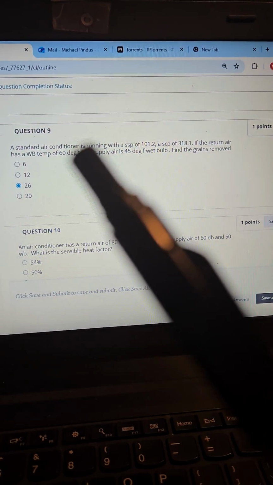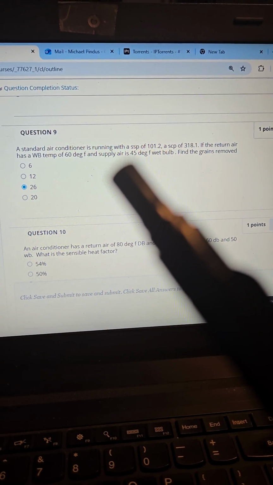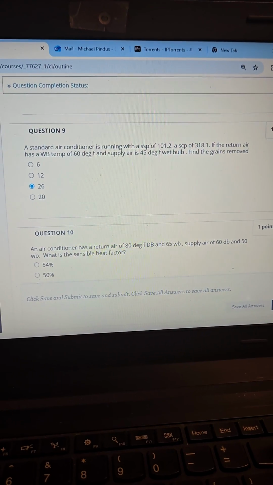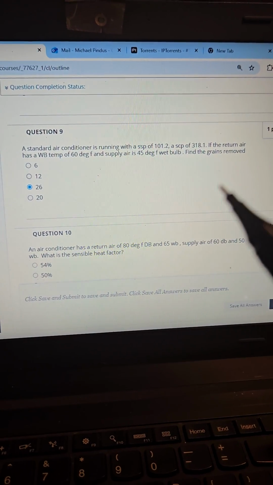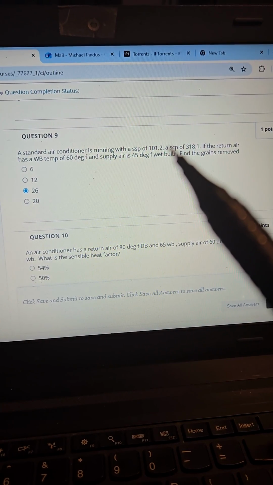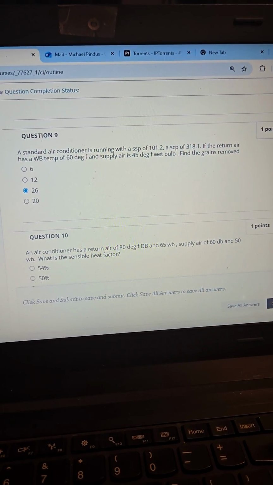If the return air has a wet bulb temp of 60 and the supply air has a wet bulb of 45, find the grains removed. So the first thing I notice is that if you want to find the grains removed, the condenser doesn't remove grains. So really this is irrelevant to the question. So let's go through it.